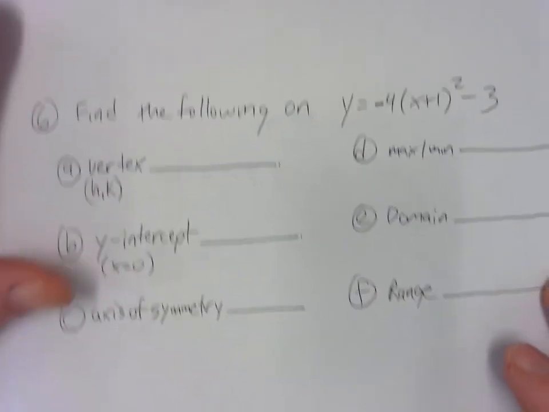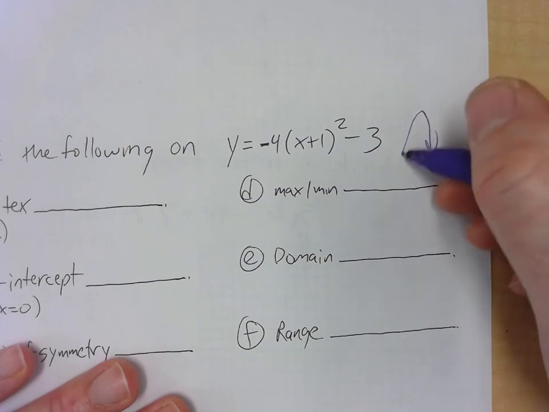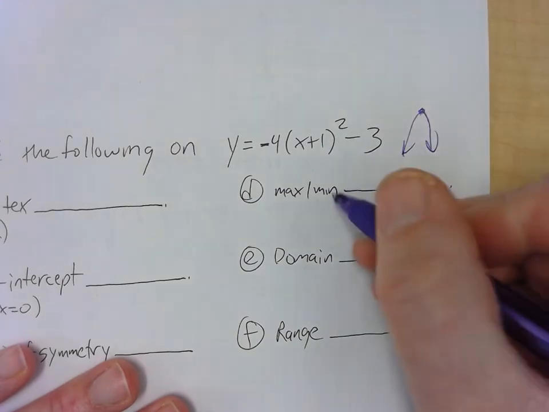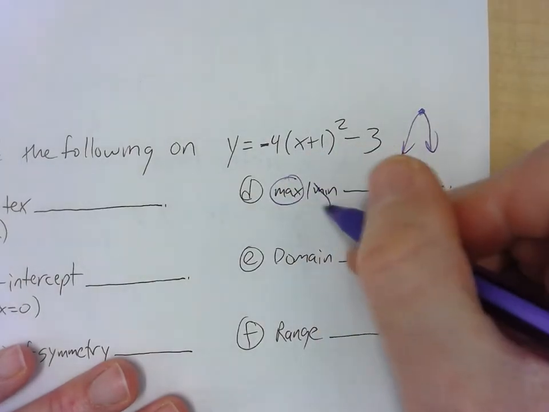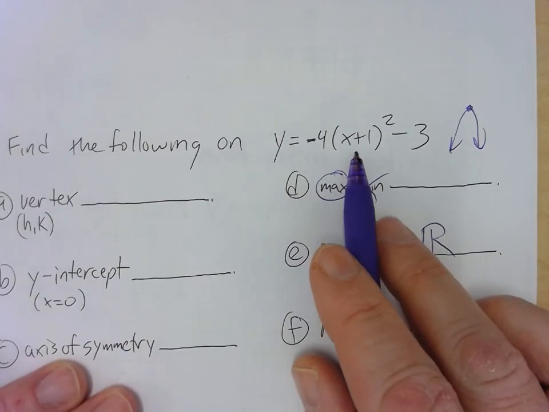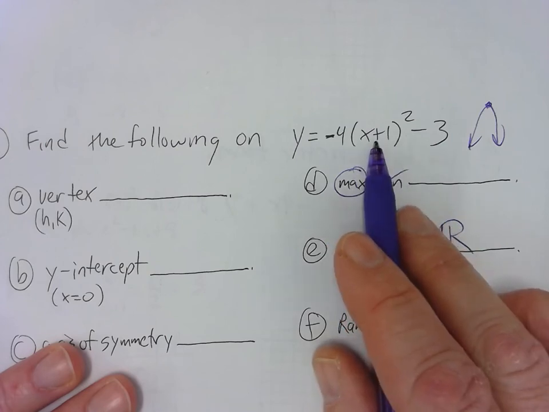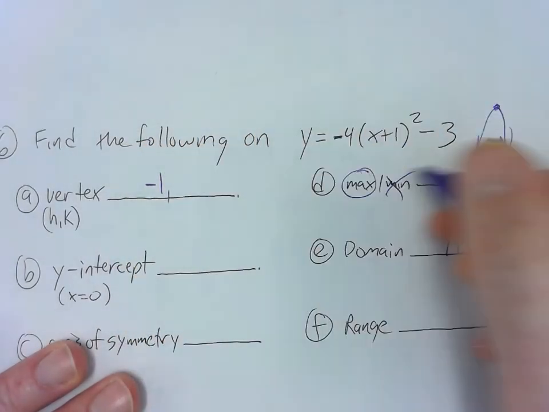Okay, the next one, we're going to do the same thing, a little different thing. It's negative, so it's an upside down parabola. So therefore this parabola has a max. The domain's all real numbers. The vertex is, it's x plus 1, so it's a double negative, so it's minus 1 and negative 3.